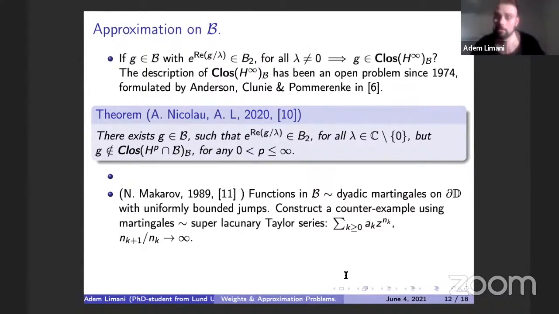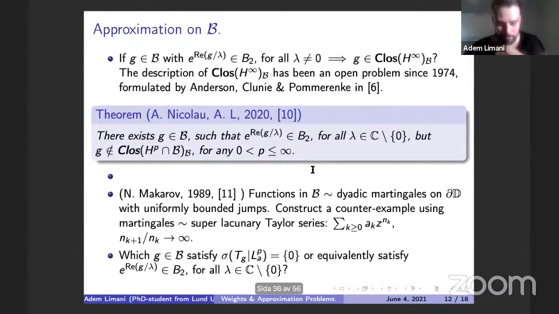Then we try to construct a counterexample using the martingales, and then go back and see that this counterexample constitutes a superlacunary series. I will not go into the details of this. This was probably the most technical part in that paper.